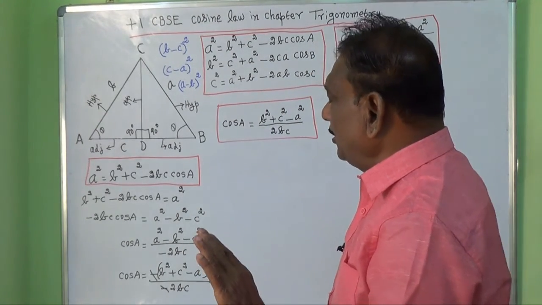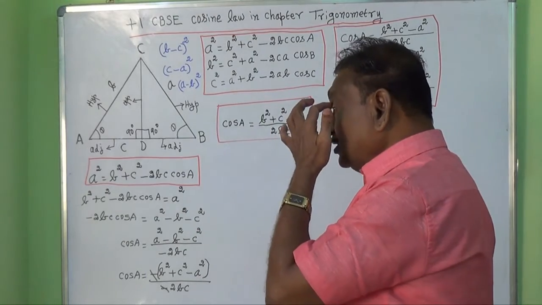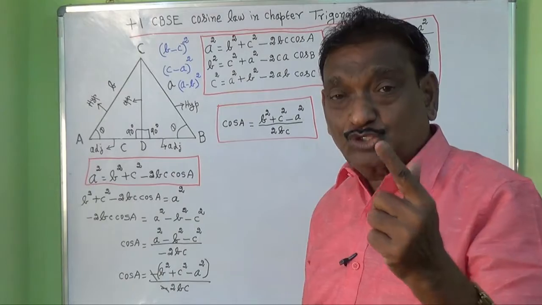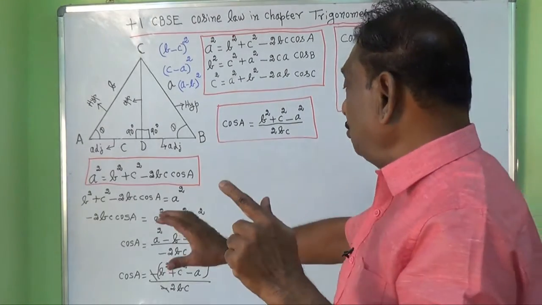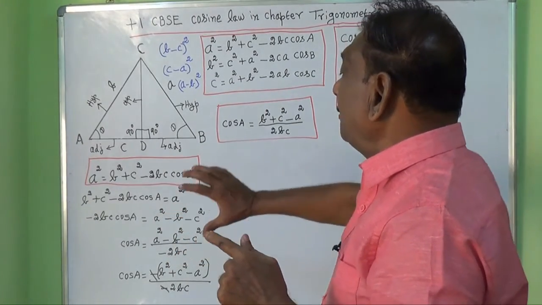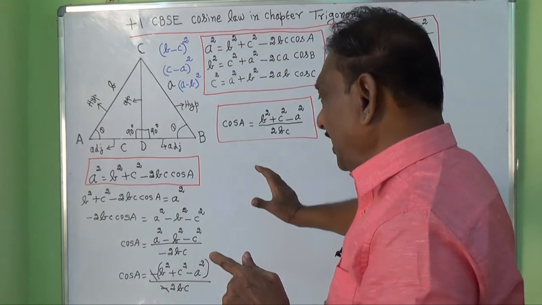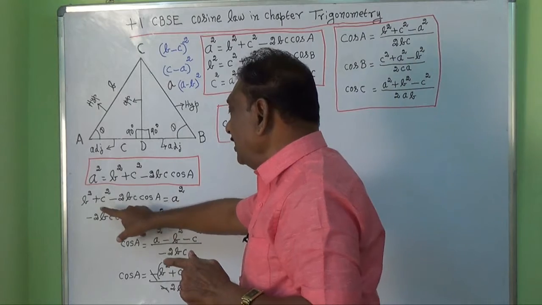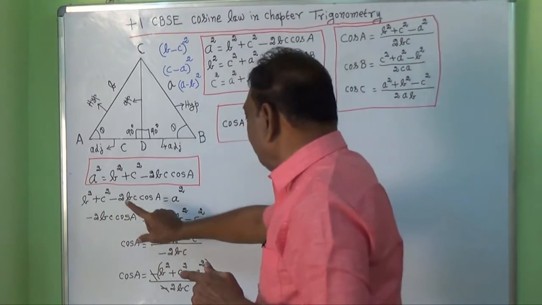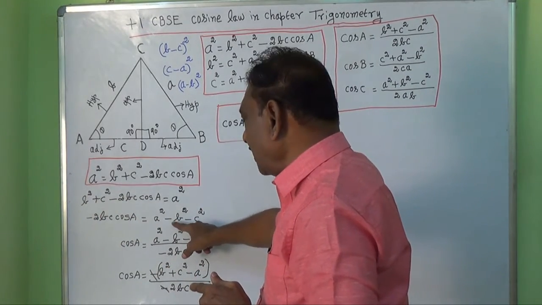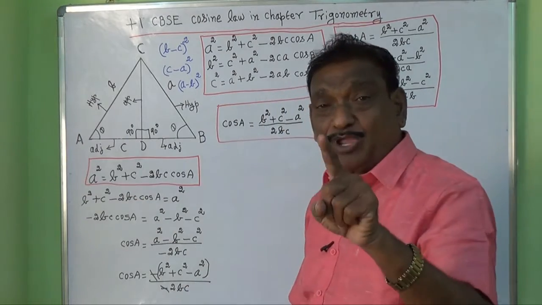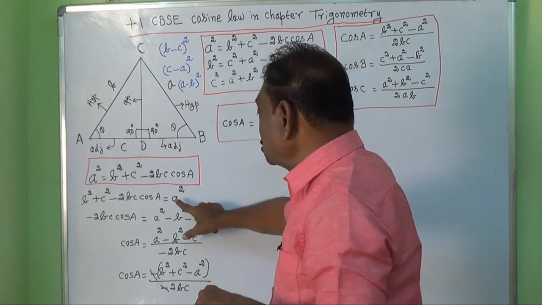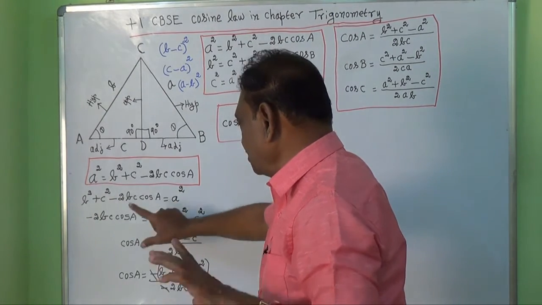We need to find cos A, so the remaining two terms b square and c square are brought to the right side. So if we bring them to the right side, the plus b square will become minus b square, and plus c square will become minus c square. The a square will be written as it is.